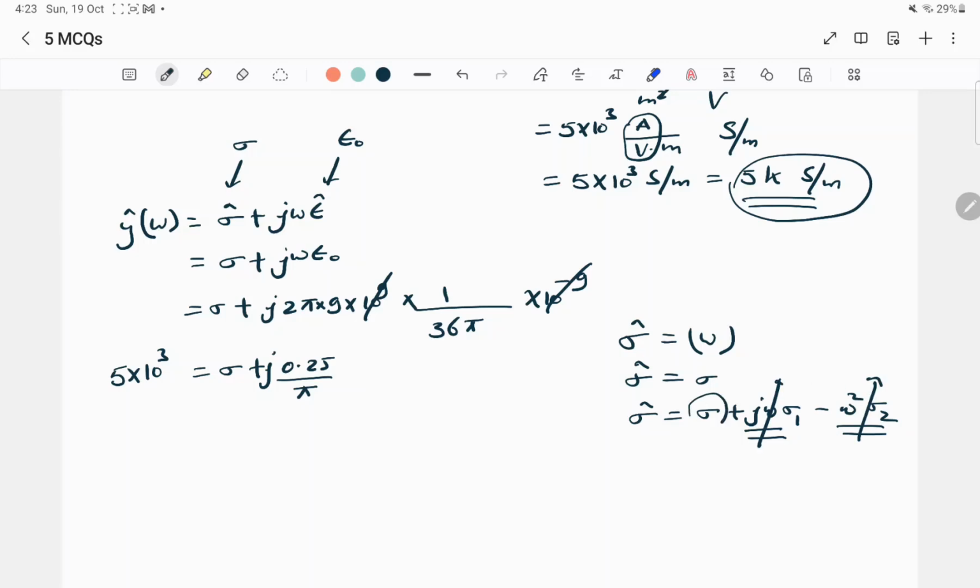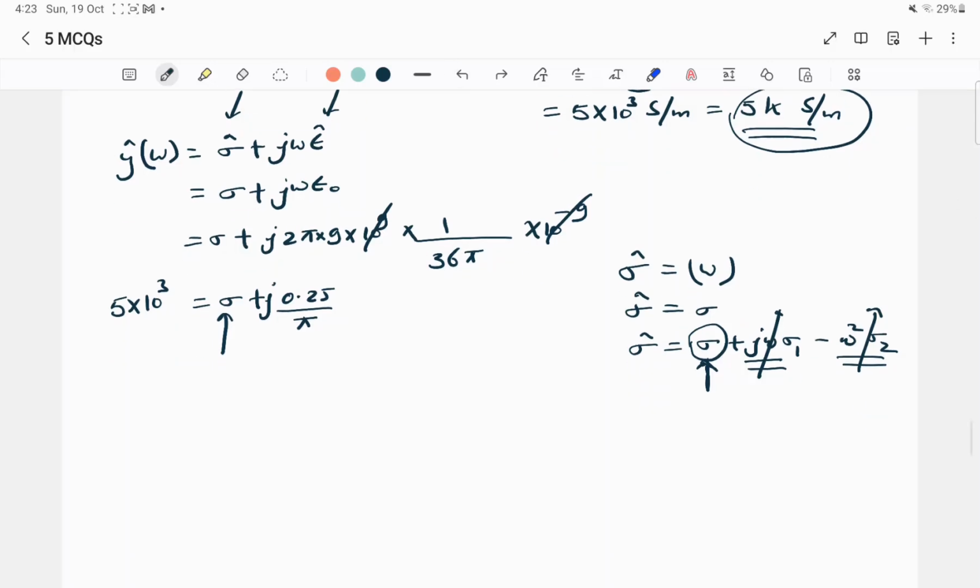So you are only left with the real part. The complex parts, j and all these terms, are gone. So sigma is just a real number, and this second part is an imaginary part. Okay, so we can find the magnitude of this, which is the square root of sigma square plus 0.25 over pi whole square.